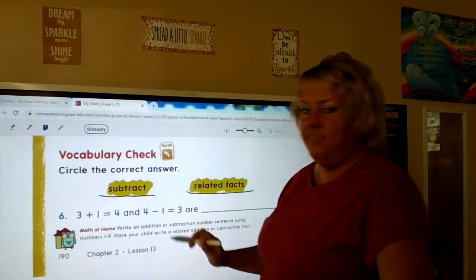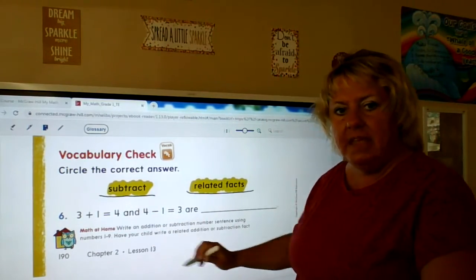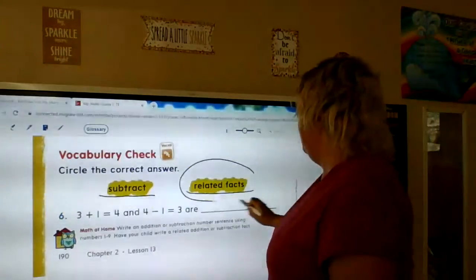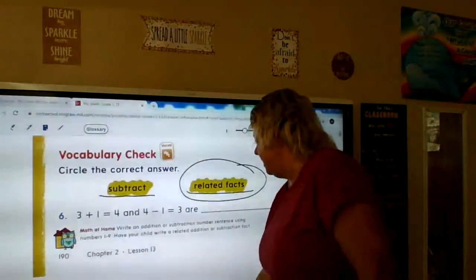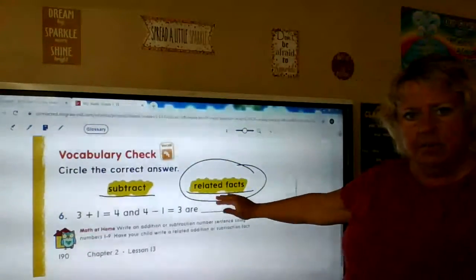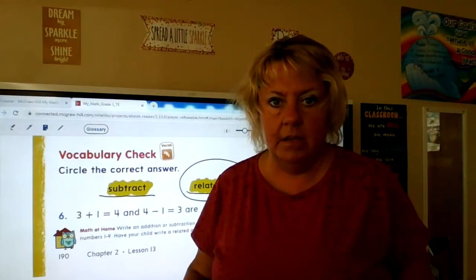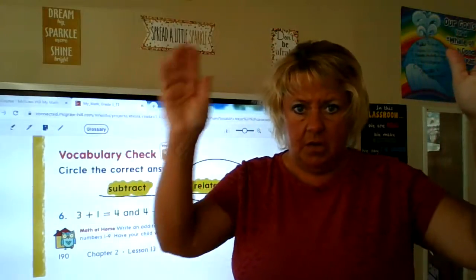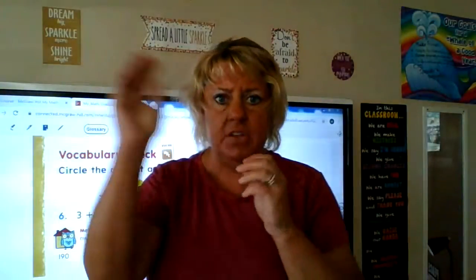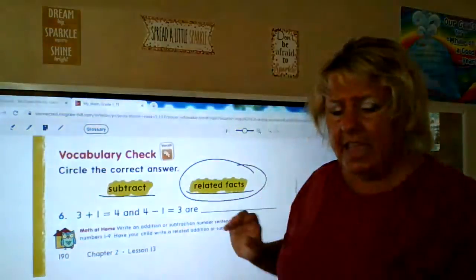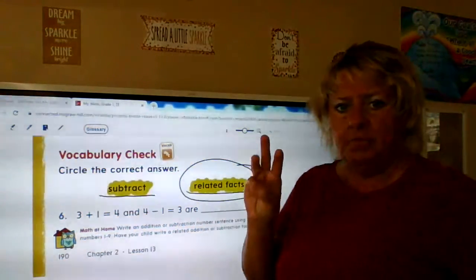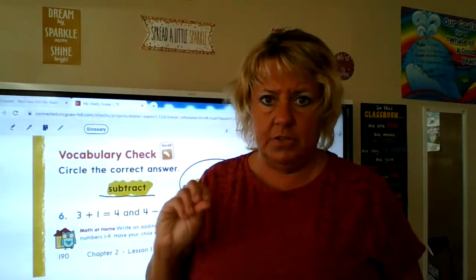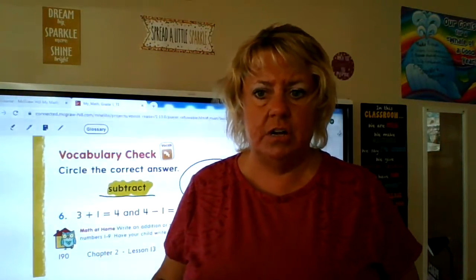They both have the same numbers, so those would be related facts. Okay, so remember, addition and subtraction go hand in hand. If you know one, you know the other. Related facts have the same 3 numbers. So do fact families, which we'll be talking more of in the future.